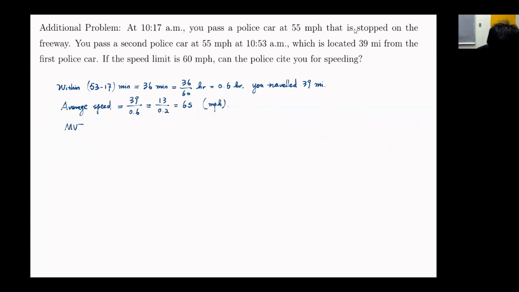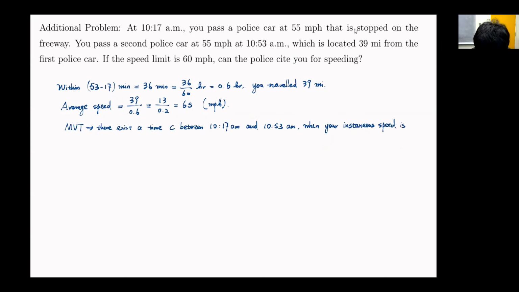So the mean value theorem tells me that there is some time c between 10:17 a.m. and 10:53 a.m. when your instantaneous speed is 65 miles per hour.